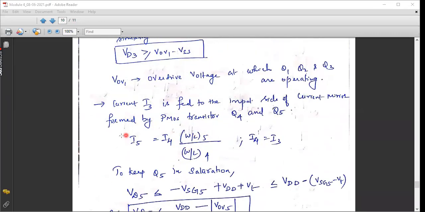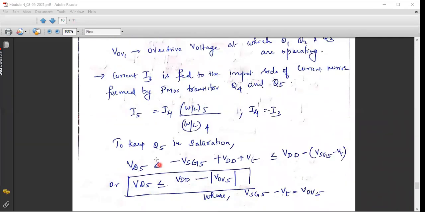So for this equation to be satisfied, the transistor Q5 has to be in which region? Saturation region. So I need to bias the transistor Q5 in saturation region. Only then this mirroring will happen. Clear? You agree this is a mirroring circuit, right?